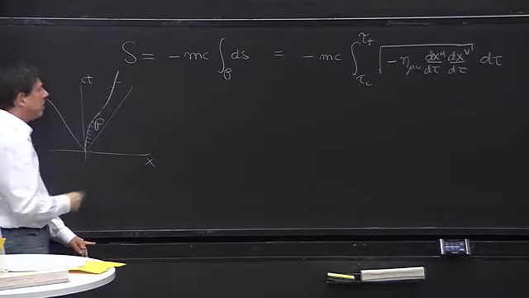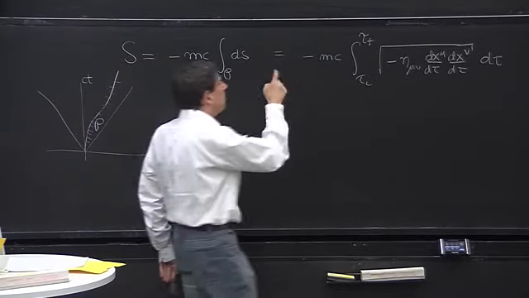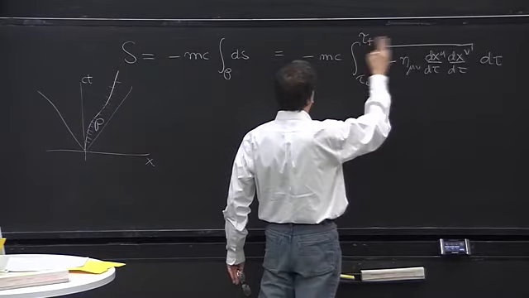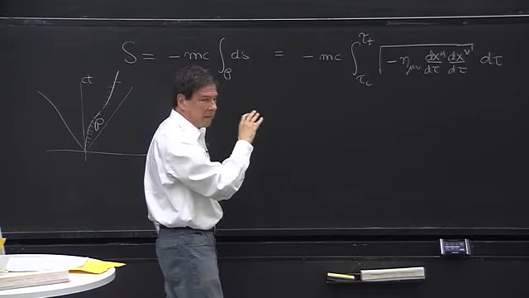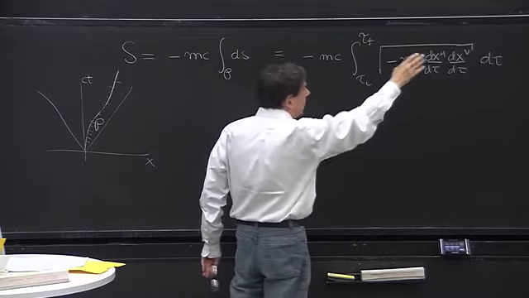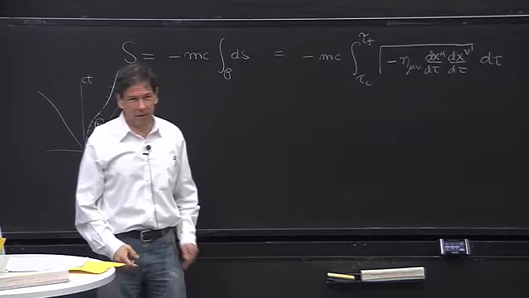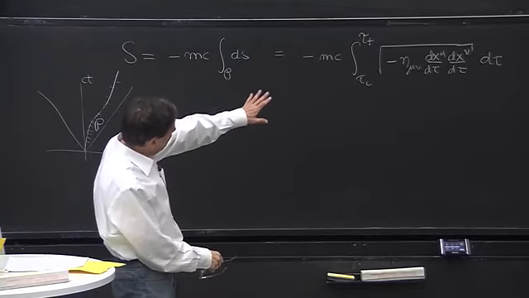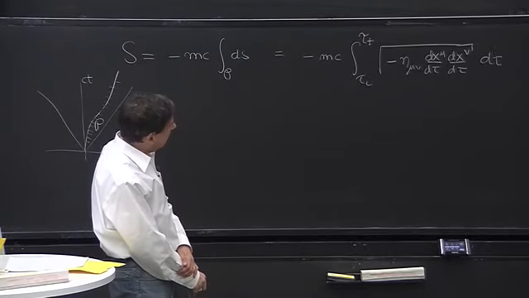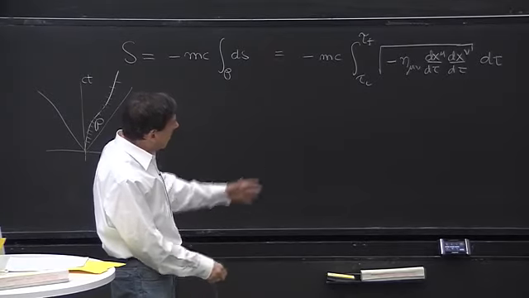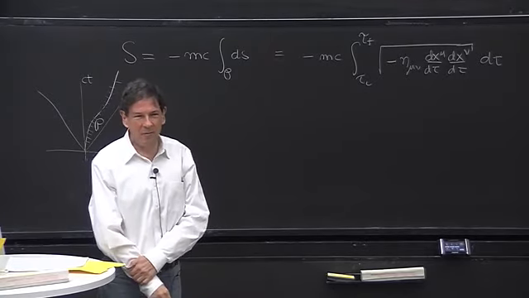You could choose whatever you want, and you can help yourself with this parameter to calculate this integral. Now, the parameter choice is completely arbitrary. And we look at this formula and say, this is reparameterization invariant.